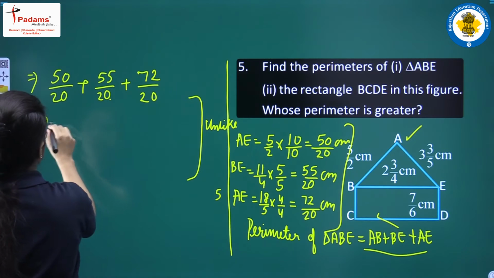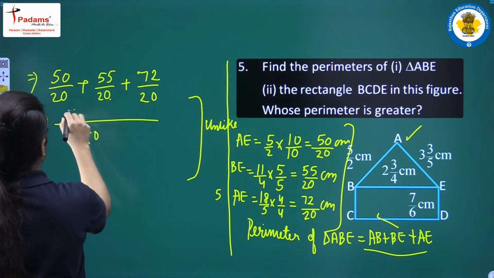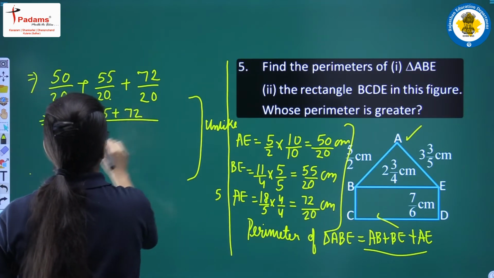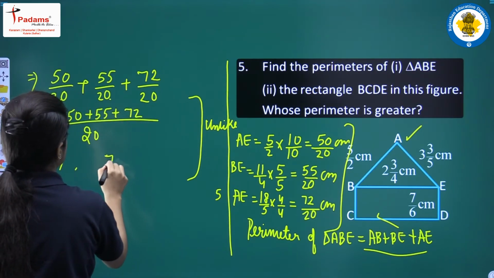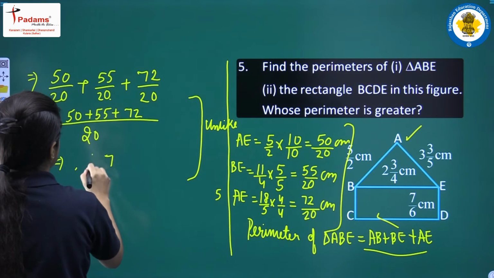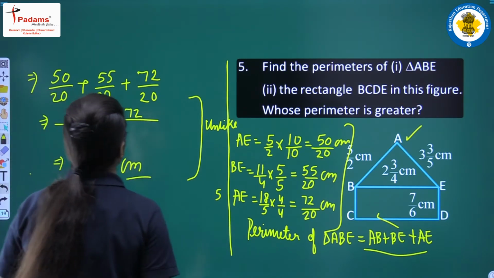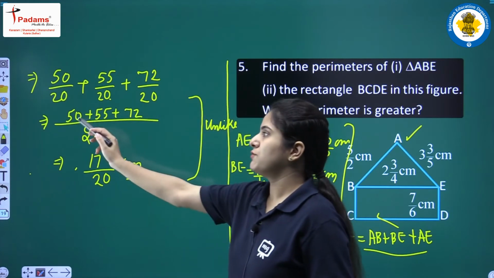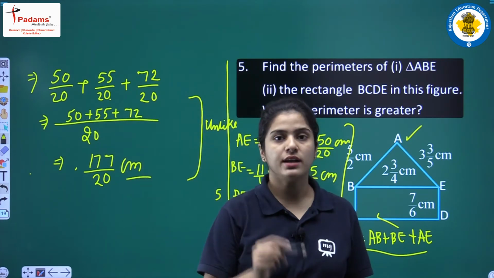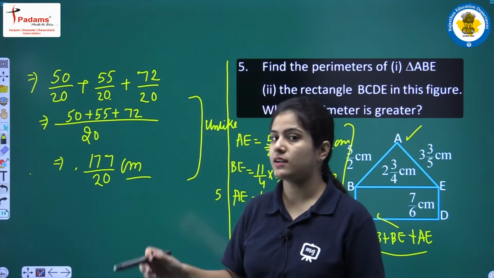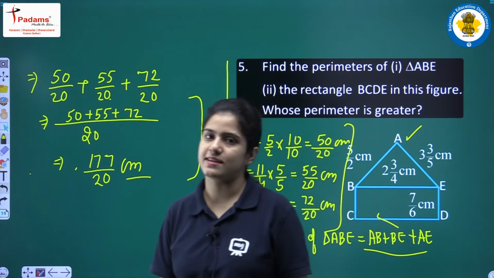The denominators are the same, so 20, and 50 plus 55 plus 72 is equal to 177 upon 20 centimeters. Alright students, you can clearly have a look. 50 plus 55 is equal to 105. 105 plus 72 is equal to 177 upon 20 centimeters.